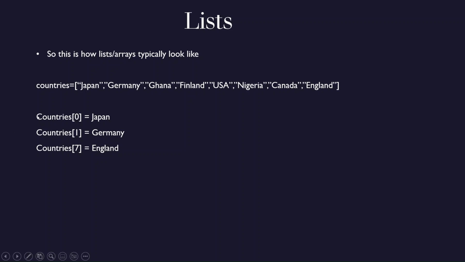We are not overwriting the value in position 0 here, but just so we are clear that the item at countries 0 is Japan, countries 1 is Germany, and countries 7 is England.